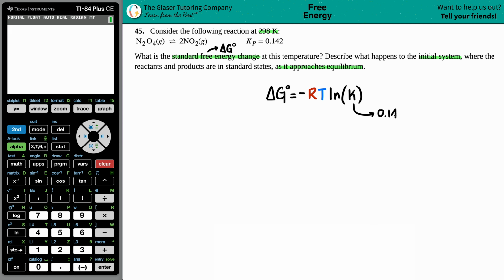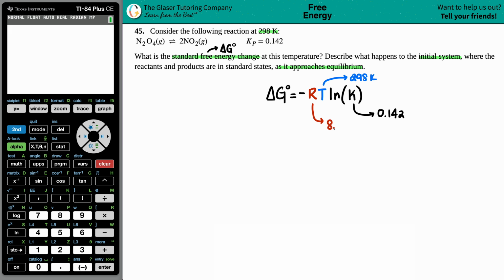Now, they already gave us the temperature in Kelvin, and for this formula, that temp needs to be in Kelvin. So this is going to be 298 Kelvin. And the reason being is all on the R value. Remember, the R value is a constant number. If we're dealing with energy values, since we are, right, delta G is an energy value, the R value is always going to be 8.314.